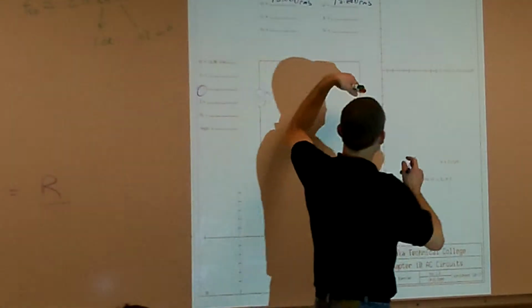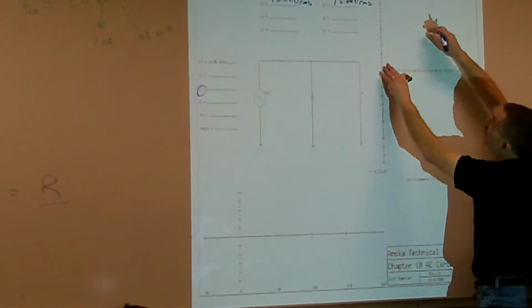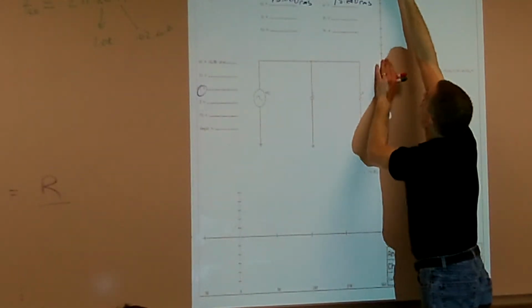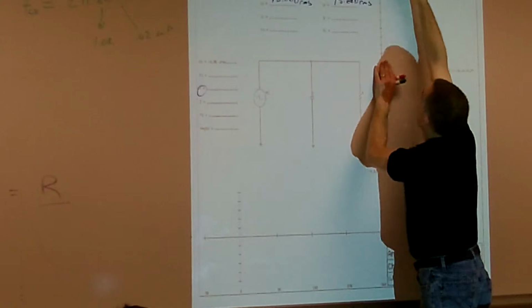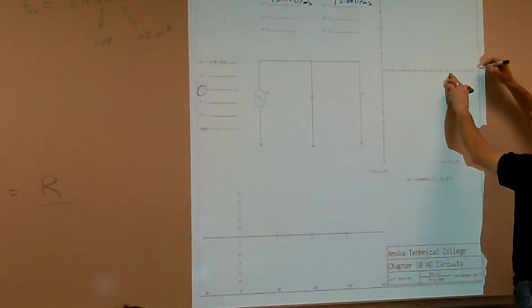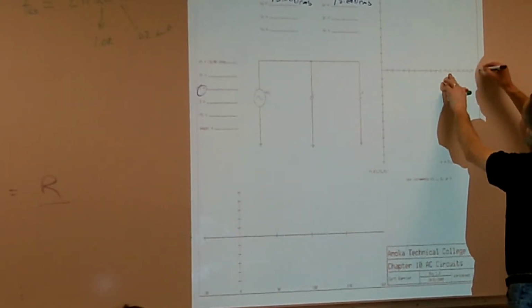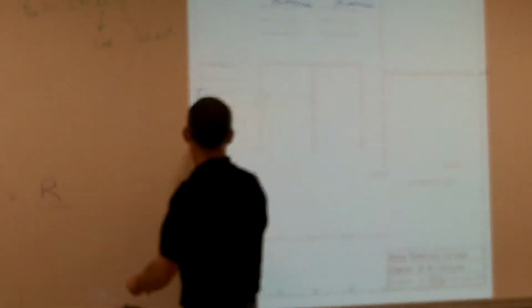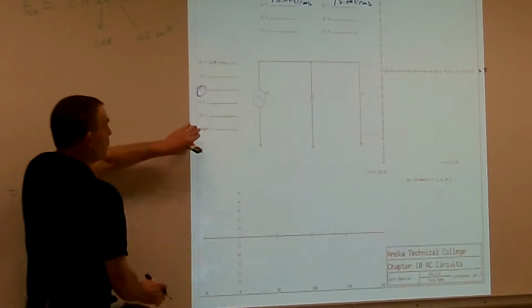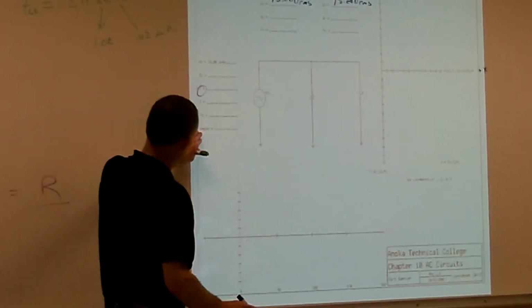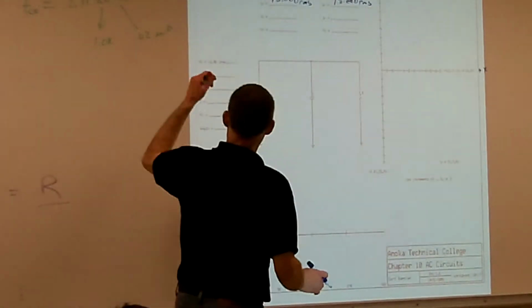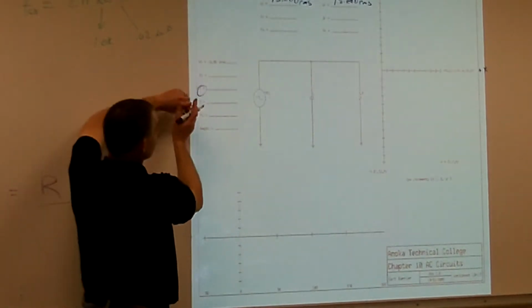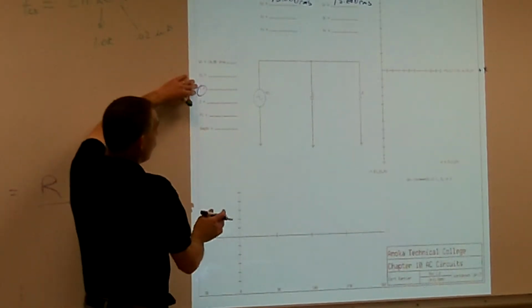You can see that my BC is at my plus Y and my G, my conductance, is at my plus X. So my angle is going to be positive.